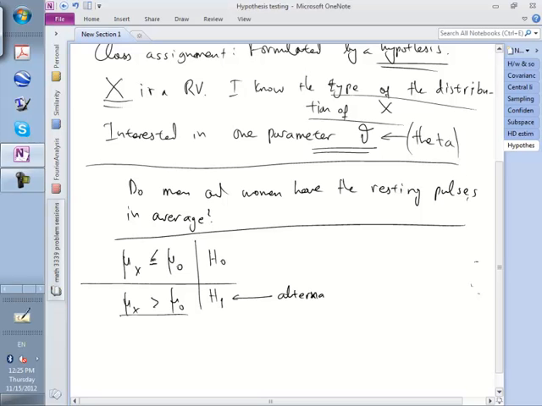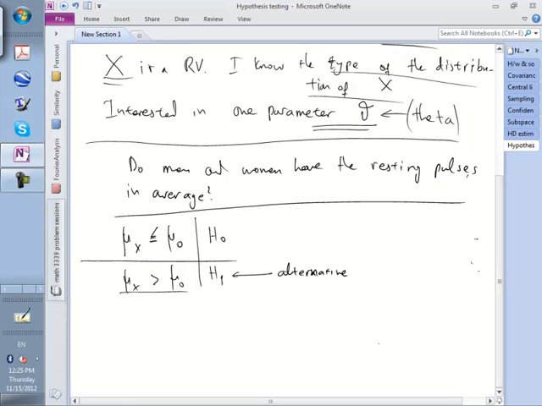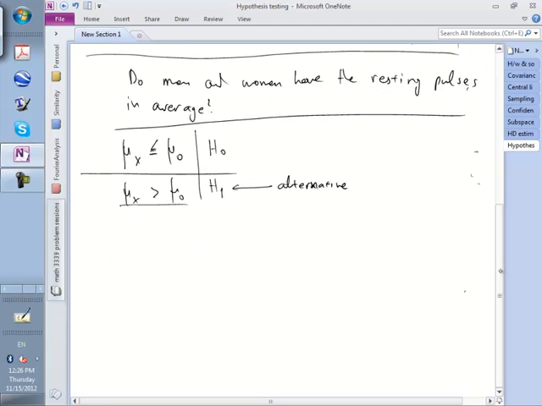And when we set scientific problems of this kind, we always look at the alternative hypothesis. The statement that you will formulate as a researcher is always the alternative hypothesis. This hypothesis called H sub 0 is called null hypothesis.